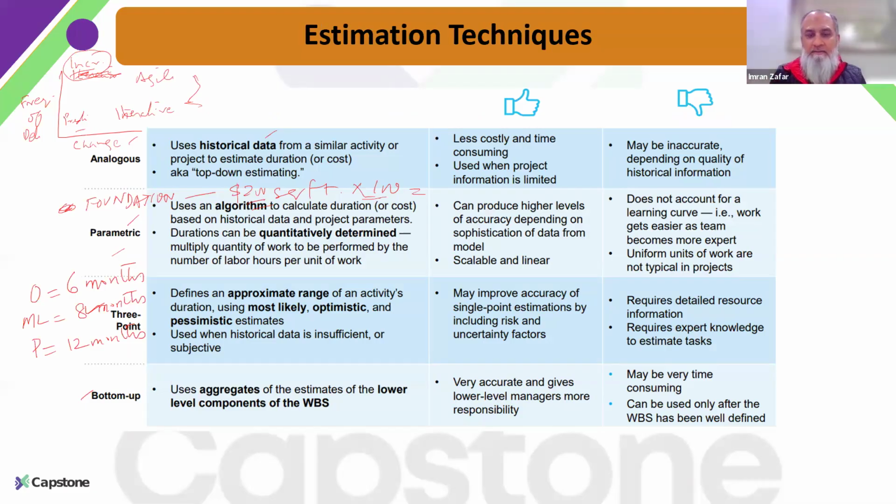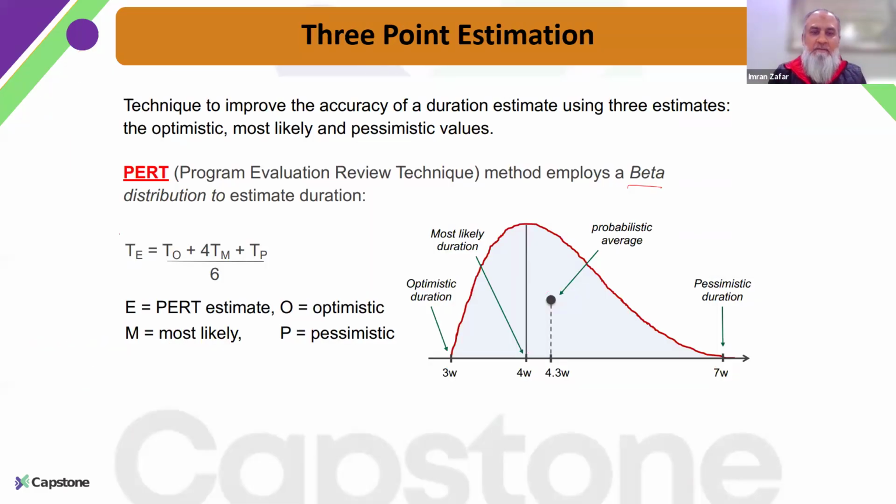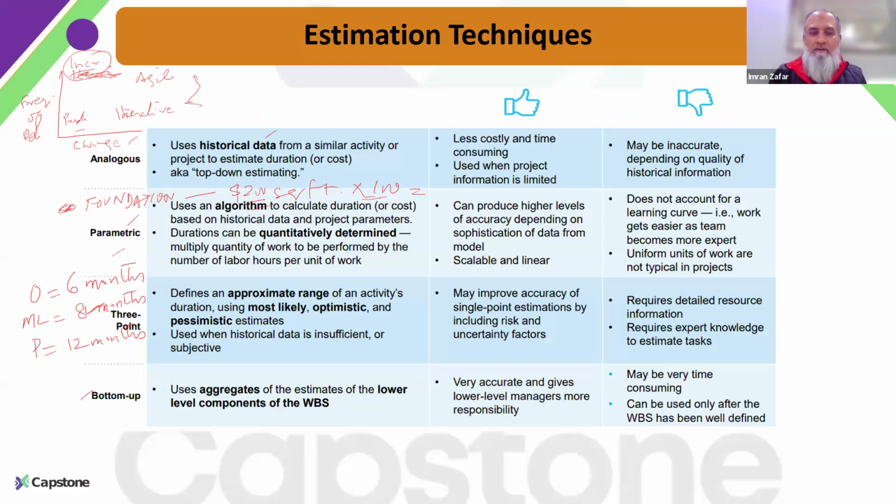If you understand this, you will be good to go. In some cases, although the chances are less, you may have to do some calculation: the estimates are given, and you need to tell what the resulting estimate is. But it is a very rare chance. More or less, it will be a scenario that this is how the project team has done estimation, so what type of estimation they have used.